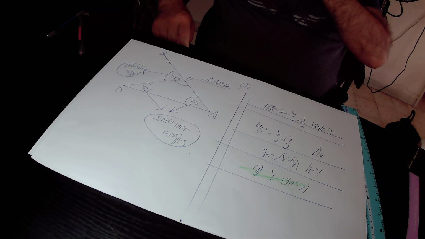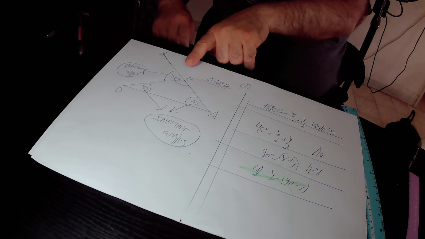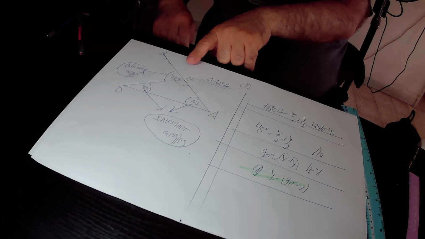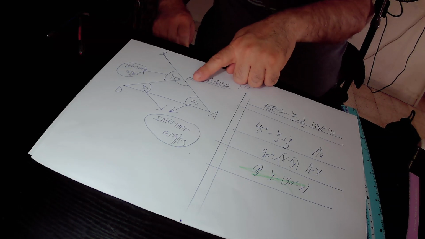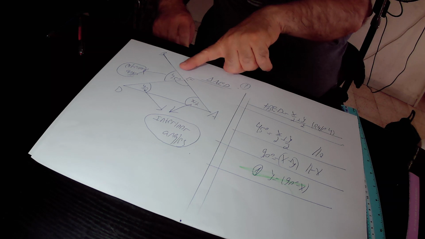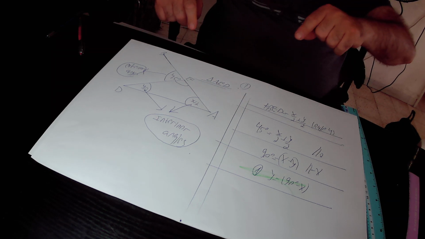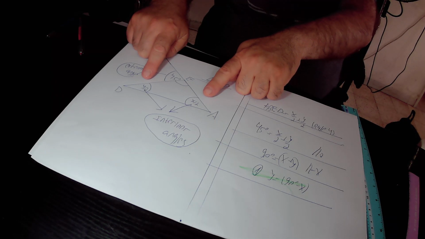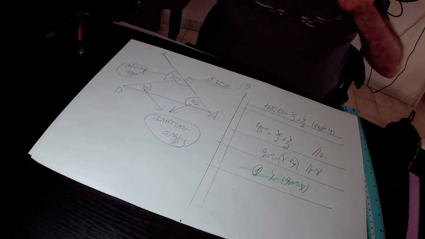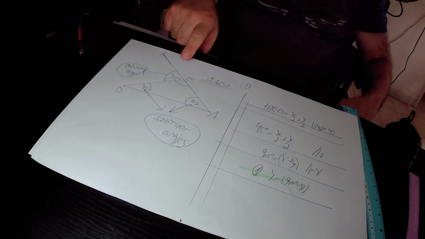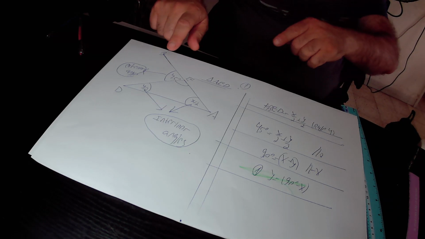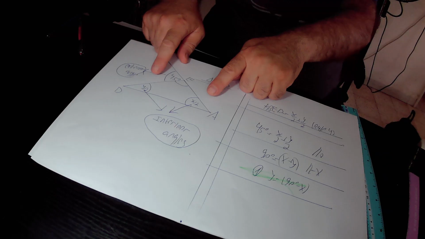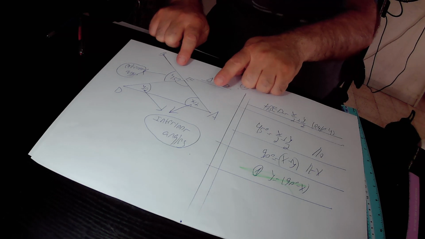According to rule 4, the size of the exterior angle BED will be equal to the sum of the two angles that are not adjacent to it. This angle is adjacent to angle BED, and the two other angles that are not adjacent to angle BED are y over 2 and x over 2. And therefore, according to rule 4, the size of angle BED equals x over 2 plus y over 2. That is the sum of the two angles that are not adjacent to this angle BED.